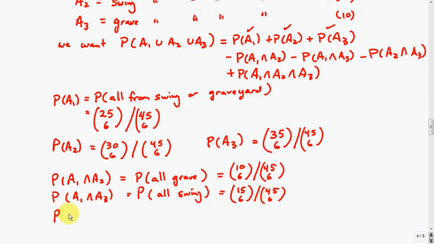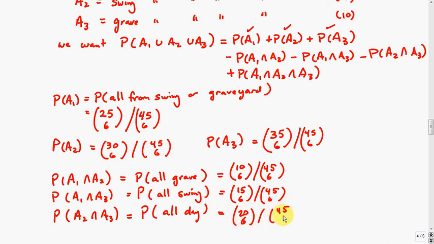And finally, well, not finally, but the next one, A2 and A3 is the probability of all day. And we've written that one down several times already. It's 20 choose 6 divided by 45 choose 6.